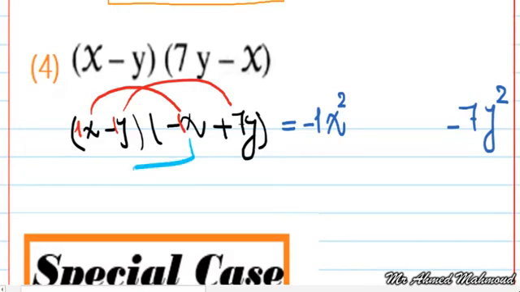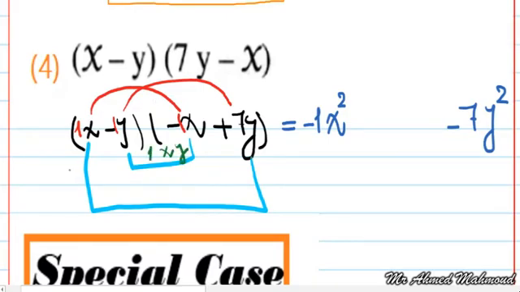Then I'm going to evaluate the means and the extremes. The means here equal negative 1 times negative 1 equals positive 1 xy.